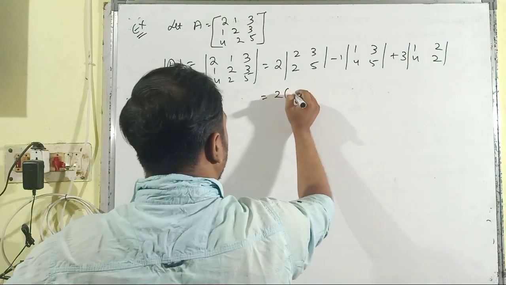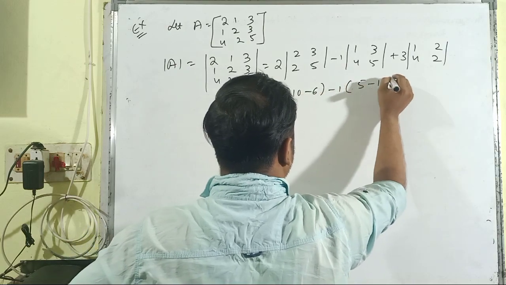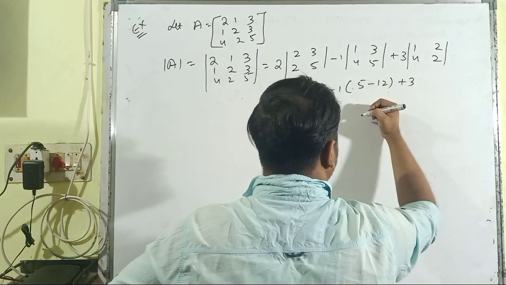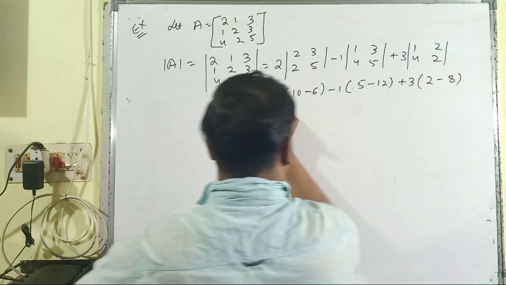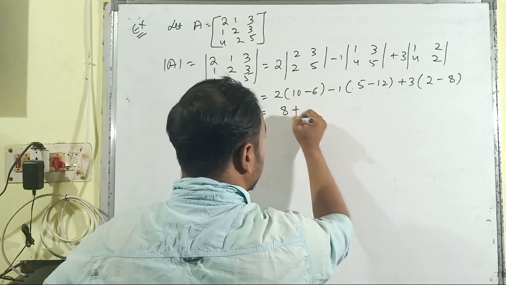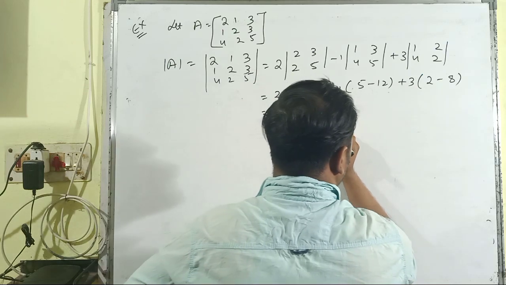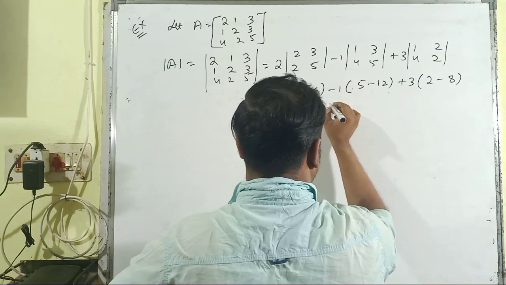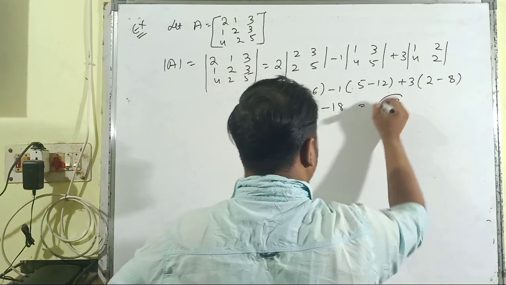Then this is 2 multiplied with 4 minus 1 multiplied with minus 7 plus 3 multiplied with minus 6. And here it is 8 plus 7 minus 18, and it is minus 3.